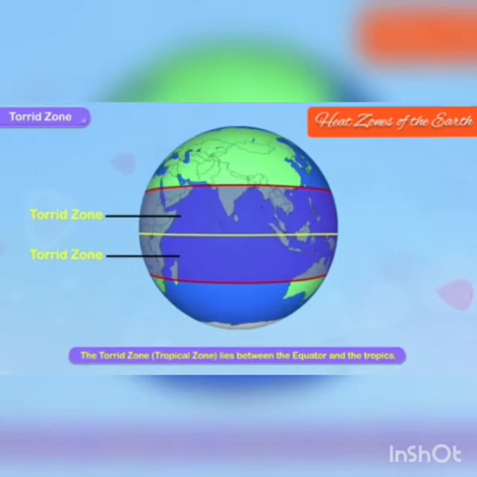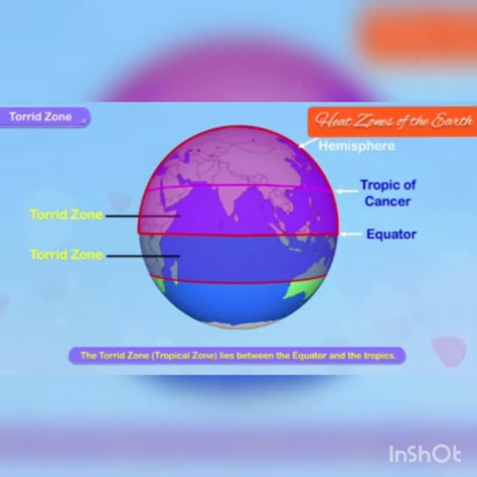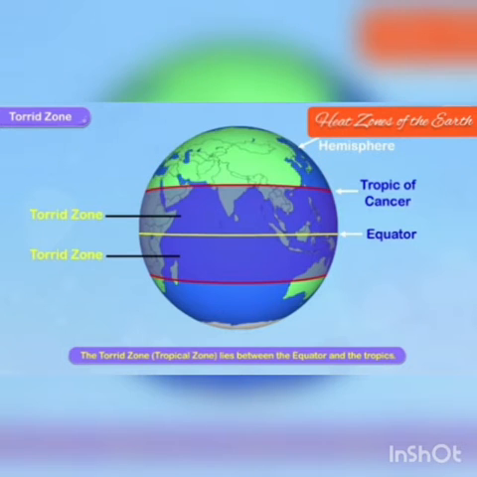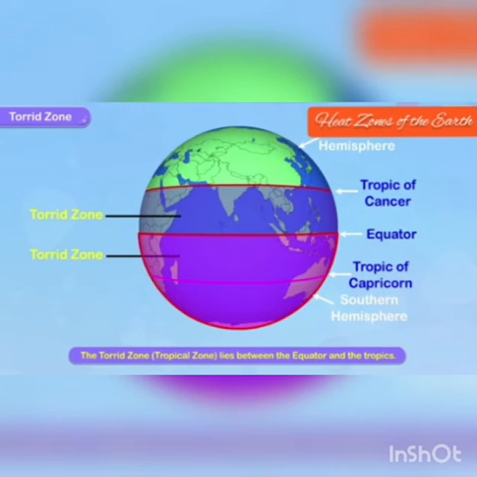The torrid zone, also known as tropical zone, lies between the equator and the tropics. That is, between the equator and Tropic of Cancer in the northern hemisphere and between the equator and the Tropic of Capricorn in the southern hemisphere.